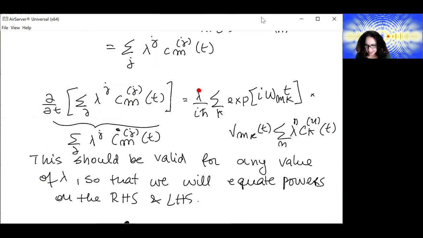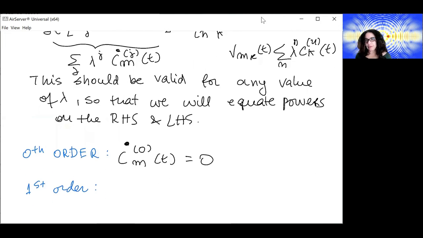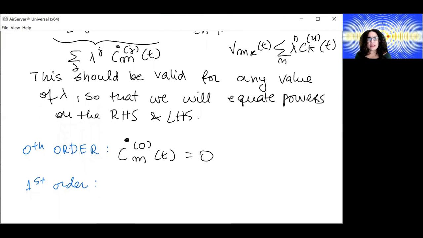And we have already here something multiplying lambda. So we're going to have that this n has to be 0. So this actually means that for first order, j, which is the index we are using on the left-hand side, is equal to 1, and n is equal to 0.